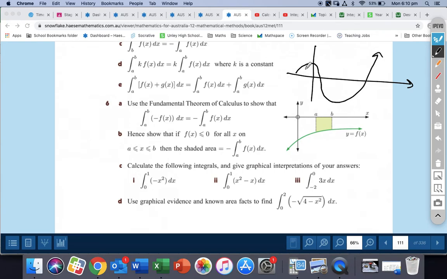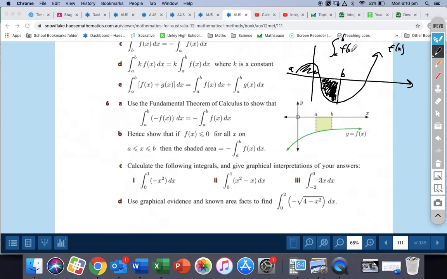Maybe we're interested in a bit of area there and a bit of area here, from A to B. When I do the integral and evaluate, I'll be getting those two areas. Maybe this area in here looks a bit bigger, so the integral value would come out negative.